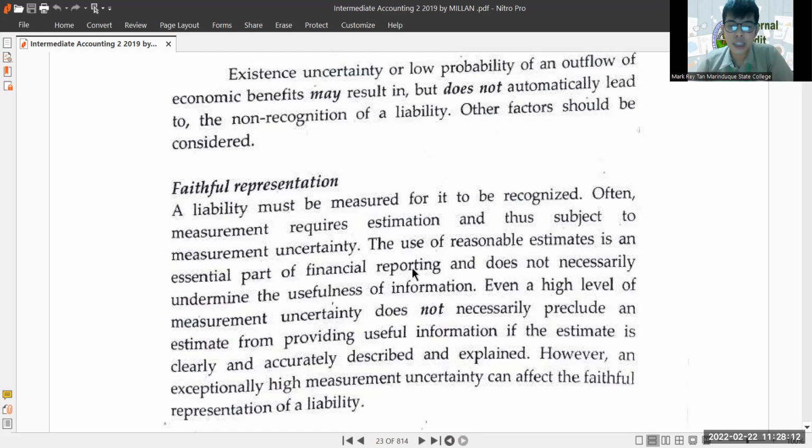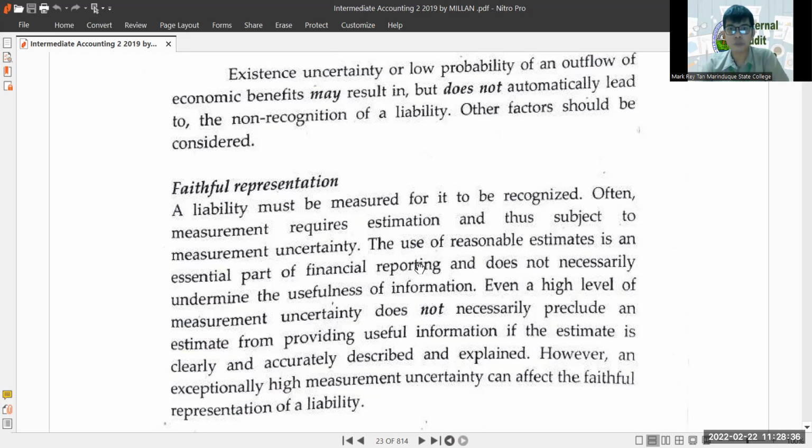Kumbaga, hindi yan laging available. For example, sabihin natin na meron si entity A, meron siyang liability na 1 million. So, yung 1 million pesos, na-measure natin yung liability na it is amounted to 1 million. Yun yung sinasabing nating measurement. So, dapat daw, for that liability to be recognized, dapat ma-measure natin siya.